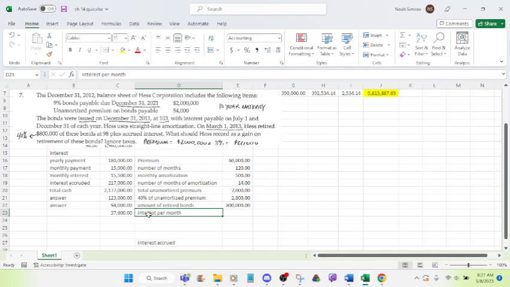So you have the payment, like you have a monthly payment. Well, I calculated that as 15,000, weirdly, but really it's a semi-annual payment. How do I deal with this?